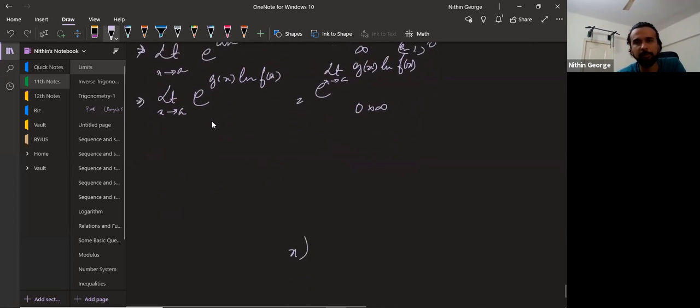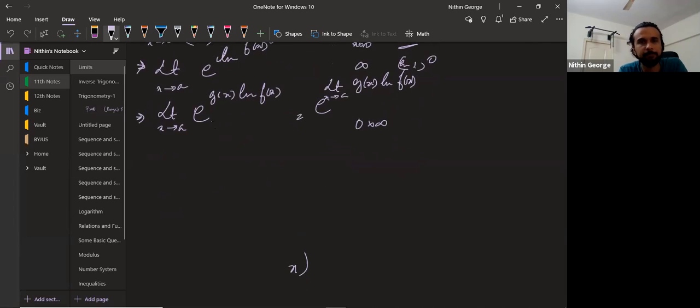Okay, we can do one small conversion here. We can write this as e power limit x tends to a. I'll keep g of x as it is, and ln of f of x. f of x I write as 1 plus (f of x minus 1).